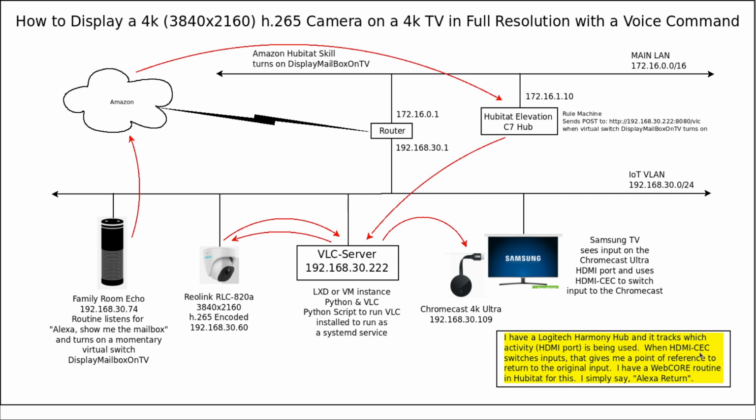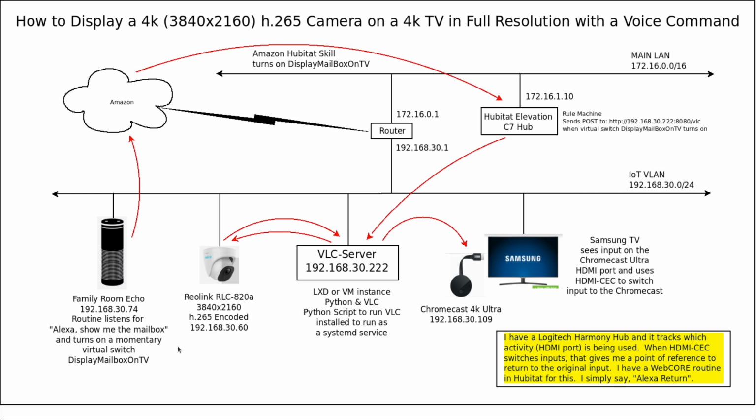And so when HDMI CEC switches ports from whatever I was watching, whether it's the TV, a Roku, the Fire TV, or whatever, it'll give me a point of reference to return to the original input. So I have a webCoRE routine in Hubitat, and it's tied back to a routine again. And I basically say, "Alexa, return," and it switches back from the Chromecast Ultra to whatever I was watching before I initiated the camera command.